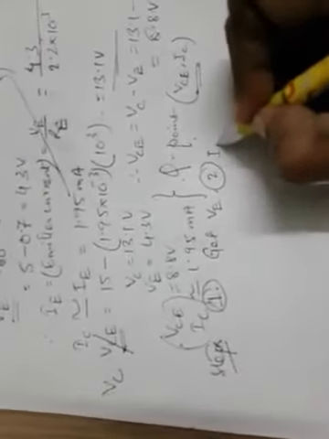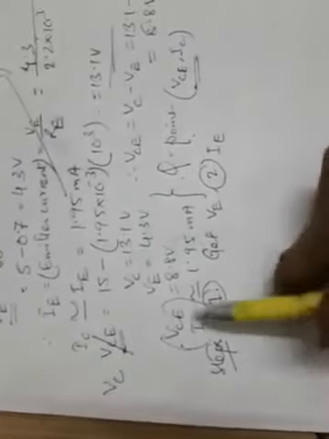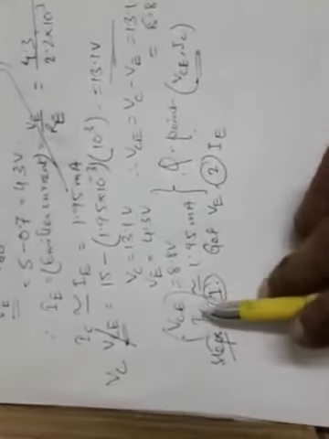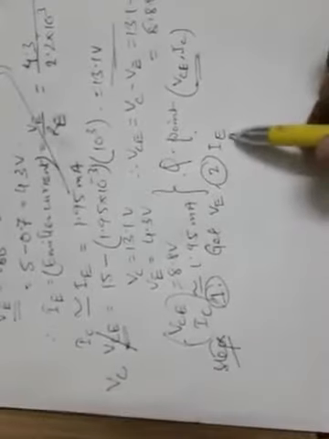Number two is to calculate the emitter current, that is IE. So you have to arrive at the conclusion of VC and IC, and while approaching the values of VC and IC, you need to go through these steps.